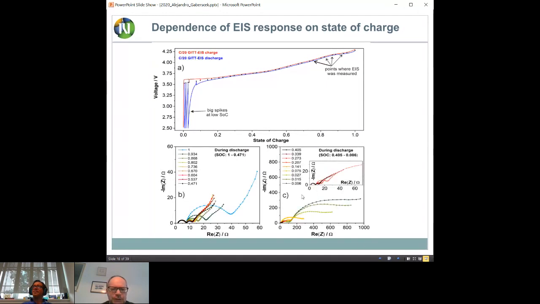Now the question is whether we can use the model that I showed you just before to explain something about those variations. Impedance varies through charge-discharge quite a lot, and there are different kinds of varying features. So the question is, can we tell what is going on during charge and discharge? And the answer is, yeah, we can.